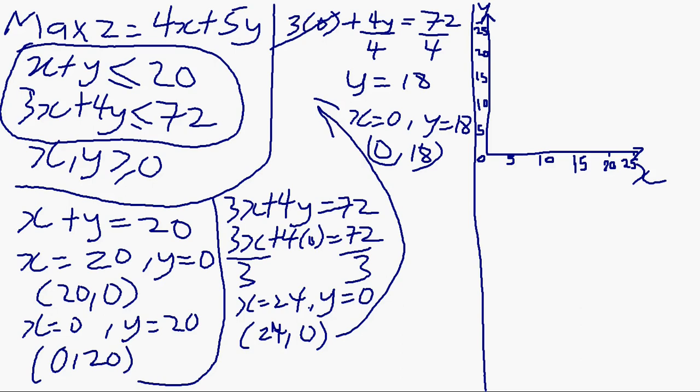So now let's plot this one. So first it was 20, 0. So 20 and 0 is here. Let me name it. Let's see, 6. 20, 0.